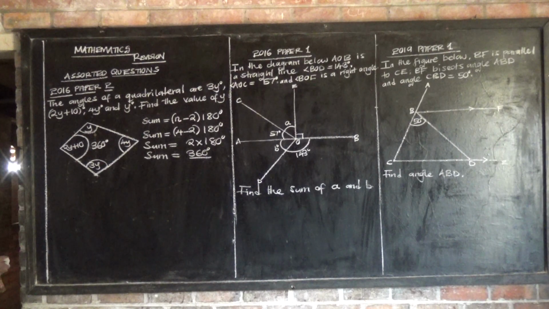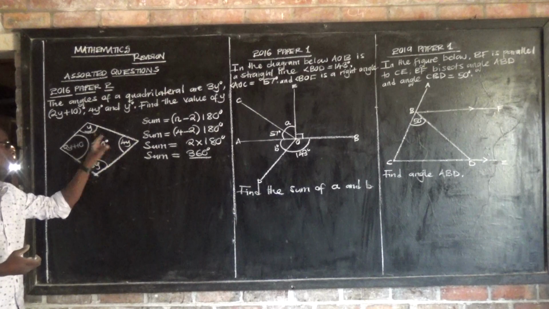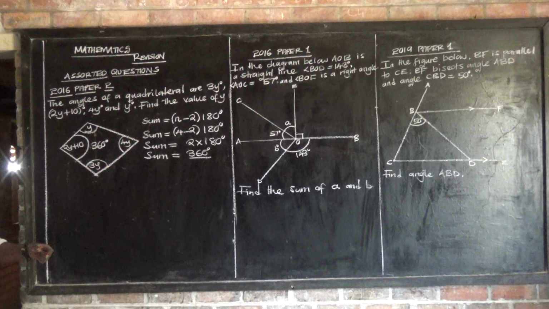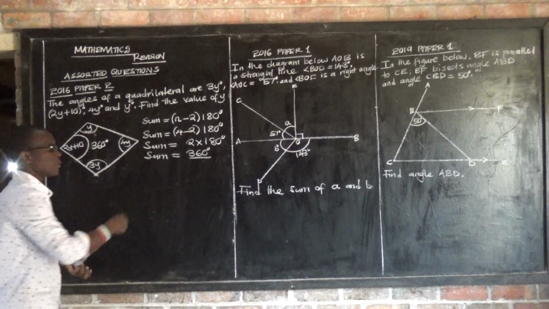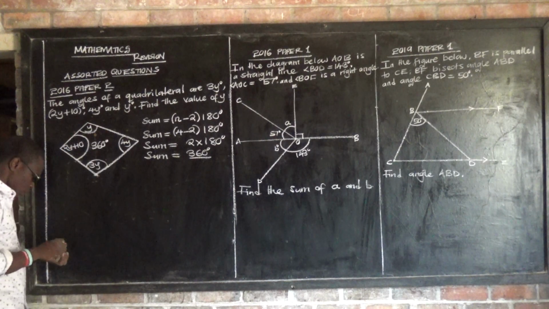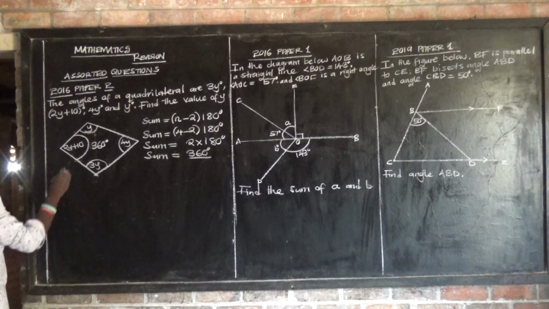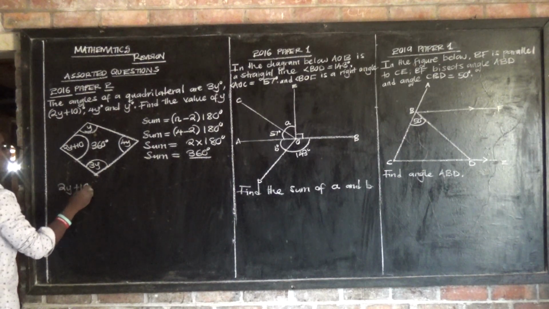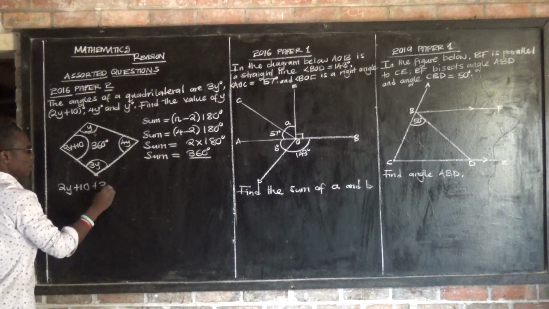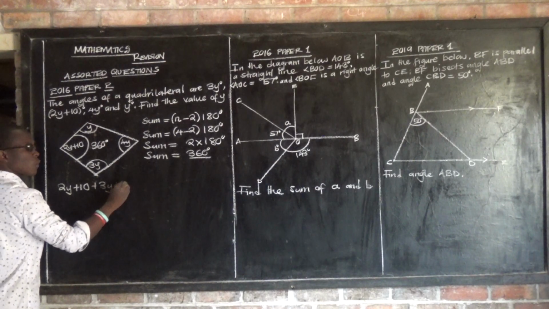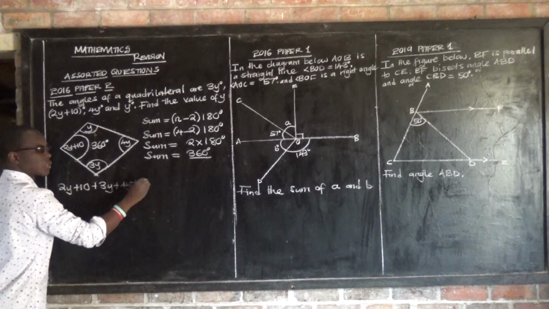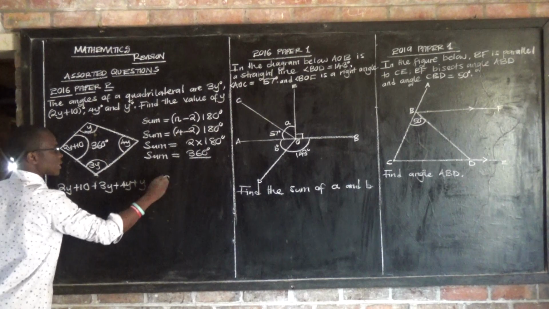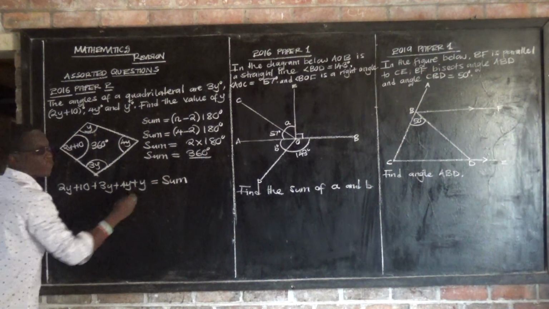So now, since we have the sizes of the interior angles, we are going to add them, then equate them to what? 360. That's the meaning. So we say this angle, 2y plus 10, plus 3y plus 4y plus y, is equal to the sum of interior angles.